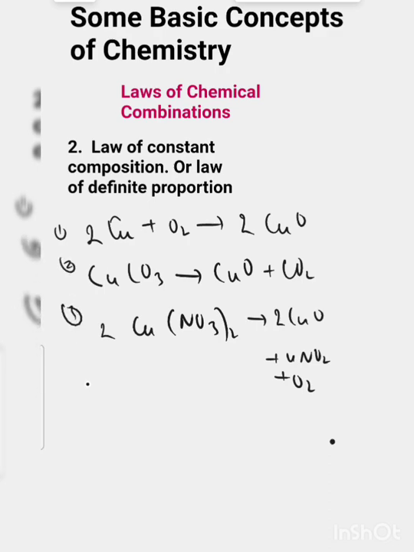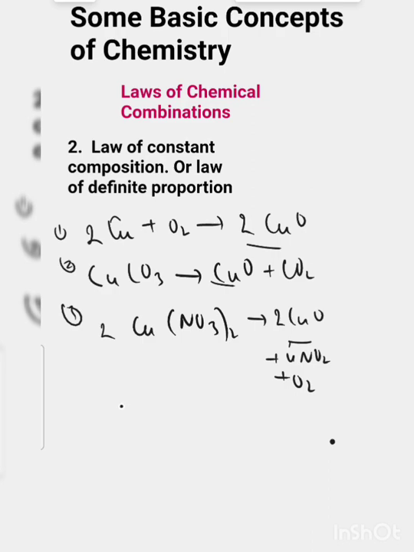So what I'm trying to convey here is that in all three reactions copper oxide is being formed. In all three copper oxides, the composition of copper and oxygen in the molecule of the compound is the same. Here you can see one atom of copper and one atom of oxygen. Here also one atom of copper and one atom of oxygen, and here also one atom of copper and one atom of oxygen.